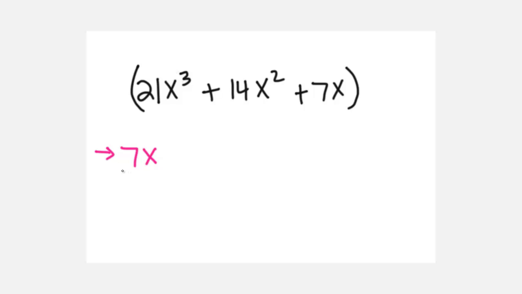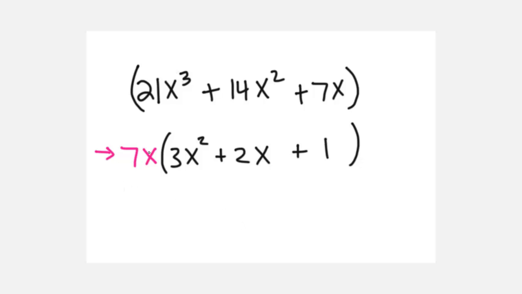So the GCF is the 7x. So we can pull that out. And now what's left over inside the parentheses, we have the 3x squared, right? Because if you multiply the 7x with the 3x squared, you get the original 21x cubed. And then we have a 2x, right? Because 7x times 2x gives you the 14x squared, and then we have a plus 1.